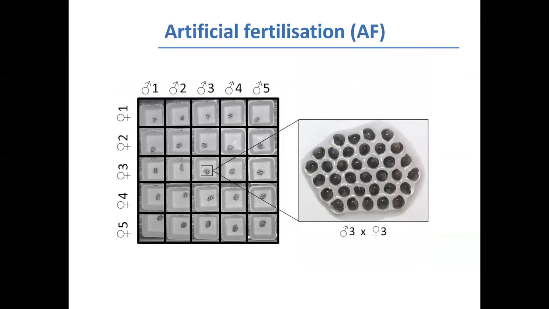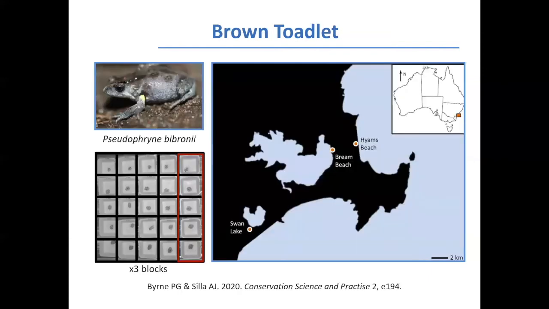With the goal of exploring the potential outcomes of population mixing, we used artificial fertilisation and a cross-classified breeding design known as a North Carolina Type 2 split clutch factorial mating design to conduct a preliminary investigation into the risk of outbreeding depression. Our study involved toadlets from 3 source populations, and fertilizations were conducted in 3 experimental blocks.